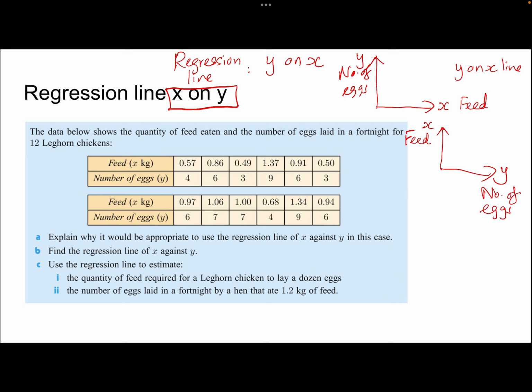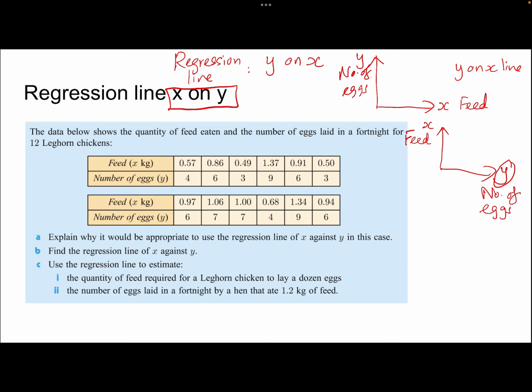But there is another catch to this as well. If you look at the data that's given to us on the number of eggs, we do know that the number of eggs is a countable, discrete variable, and usually it will be easier to quantify an independent variable if it is something countable, because it's just natural, right?